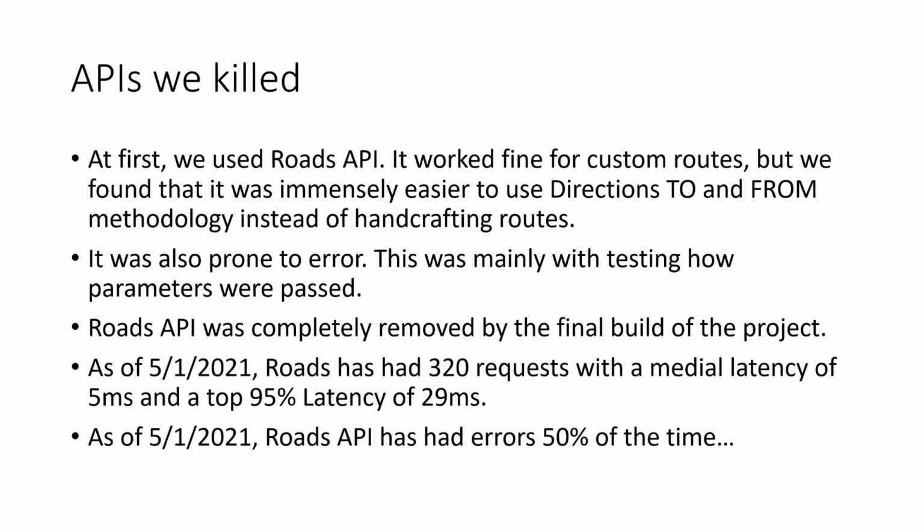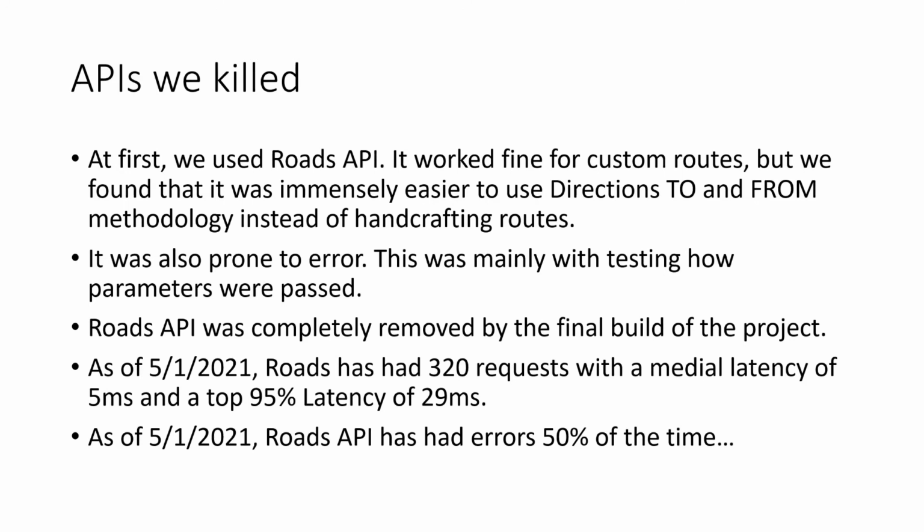It was time consuming, and Directions API just did it all for us. All we have to do is designate the start and end point. But with Roads API, we pretty much had to create the entire route by hand, and that was bad. As of the final build, it's completely removed from the project.